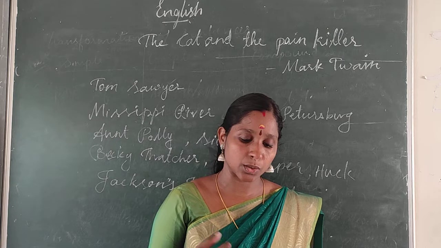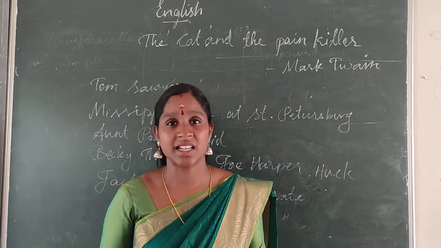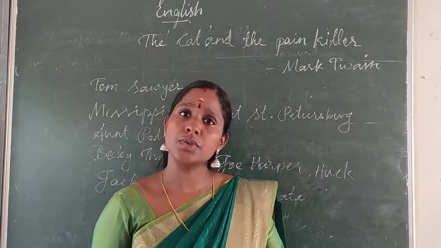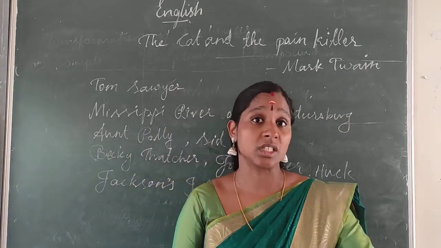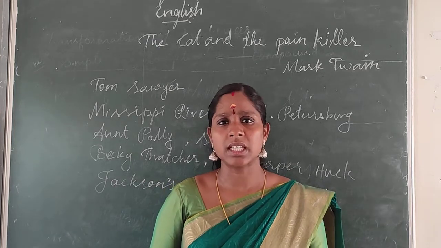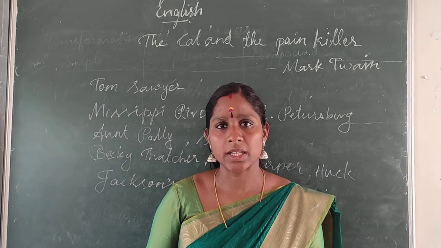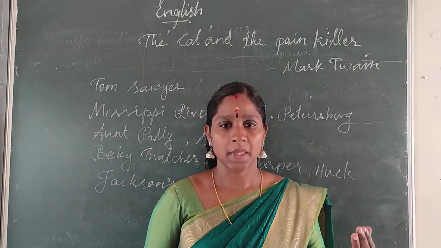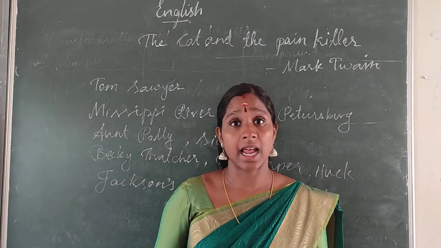Yes, he started to pretend he is fond of painkiller. Actually, we are not supposed to take painkiller without a doctor's prescription, it's very harmful. But because he's a small guy, there is no way to escape. So he thought, okay, I can pretend I am fond of painkiller, I like medicine.